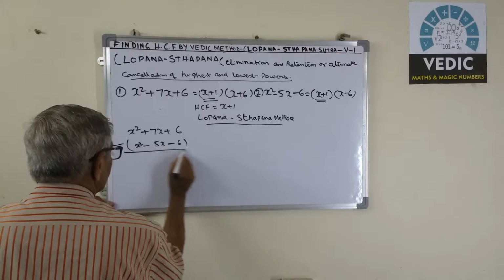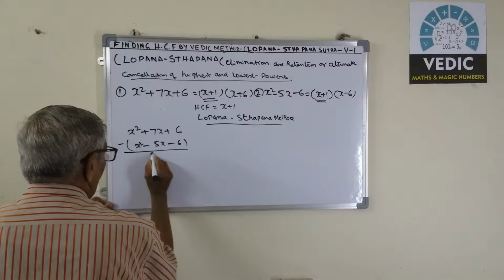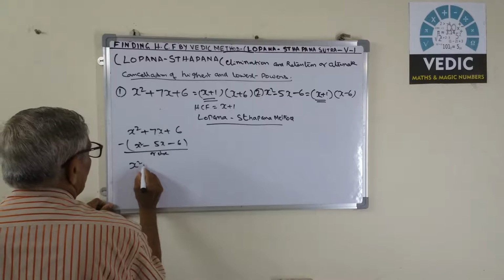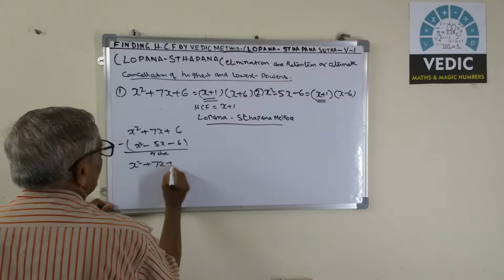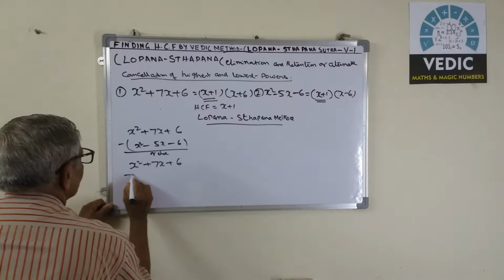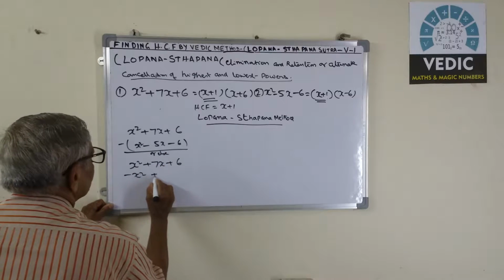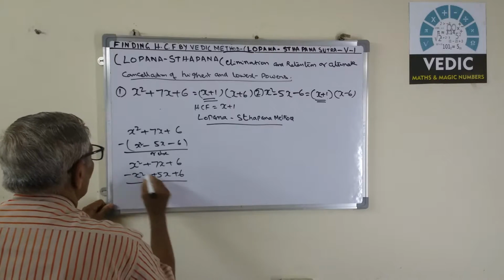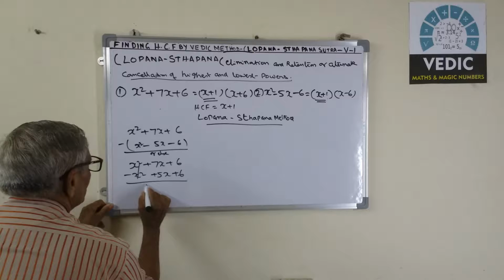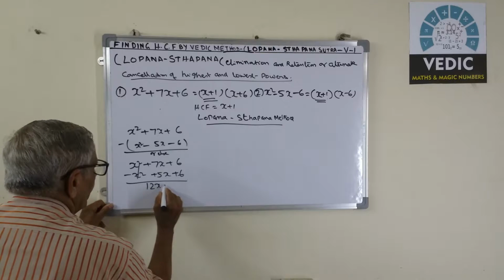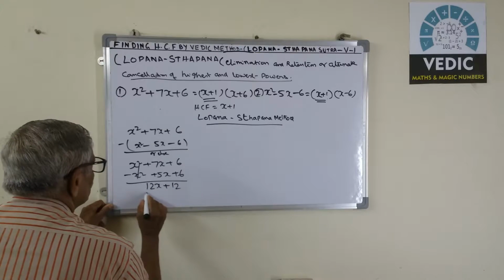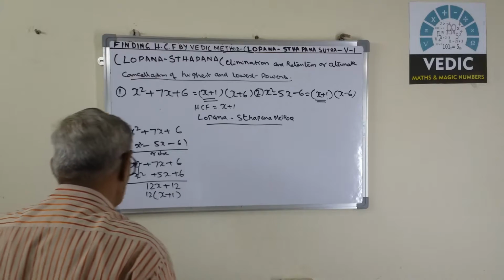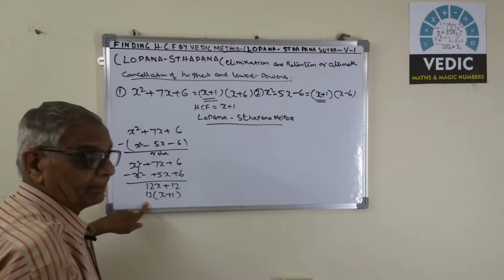This can be written as x square plus 7x plus 6 minus x square plus 5x plus 6. So these two get cancelled, and you get 12x plus 12. Taking 12 as common, x plus 1. This is by the subtraction method.